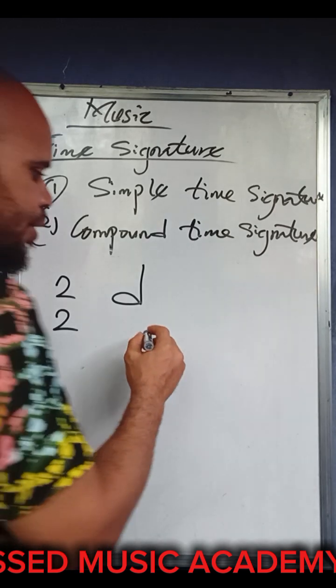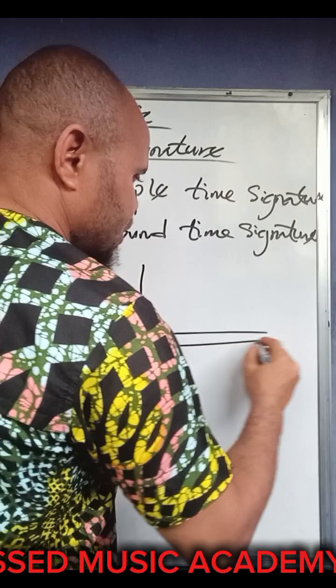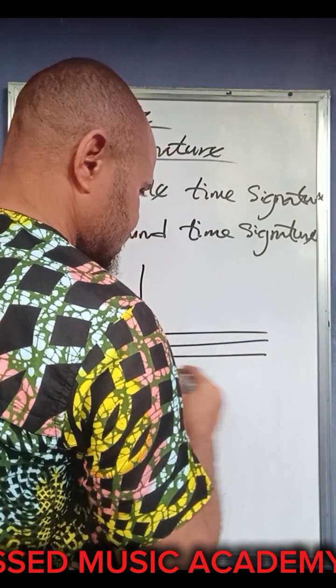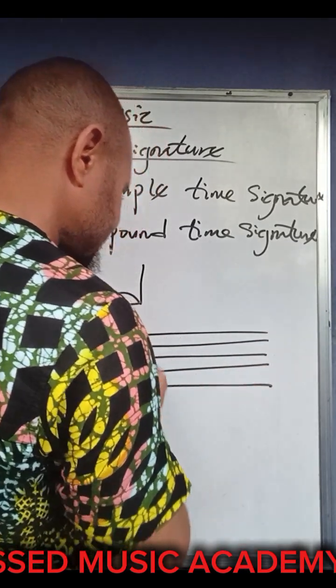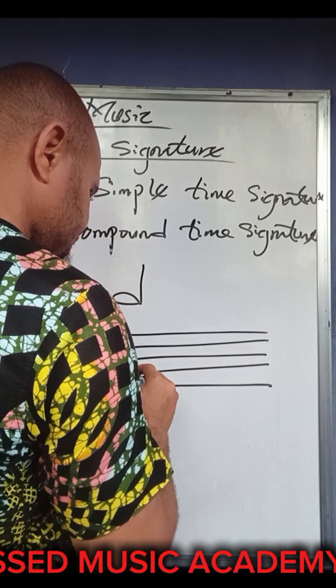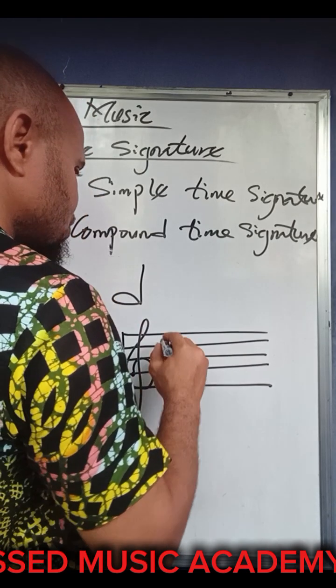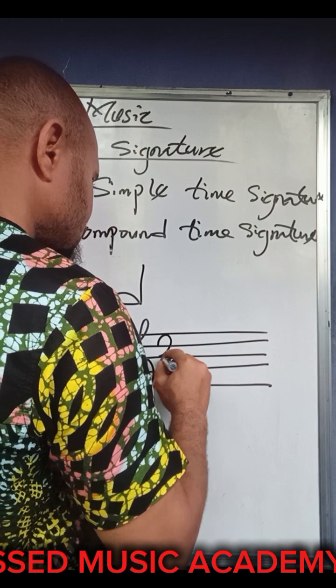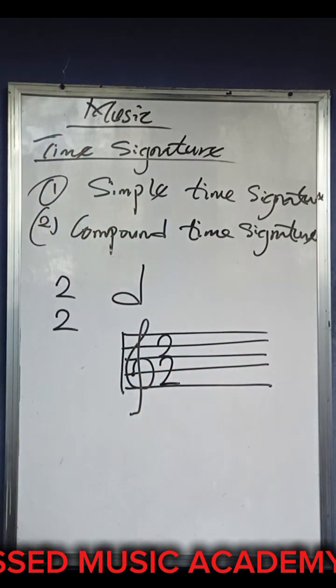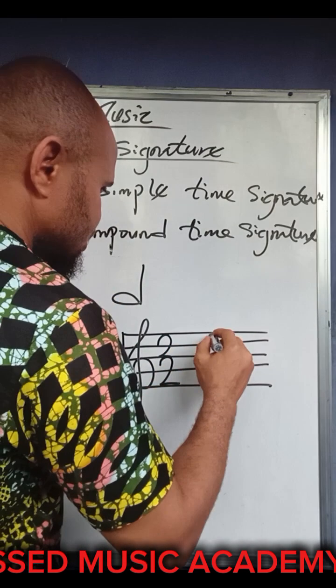You have a staff like this, let me illustrate it here. So you have 2-2. Let's say this is a bar.